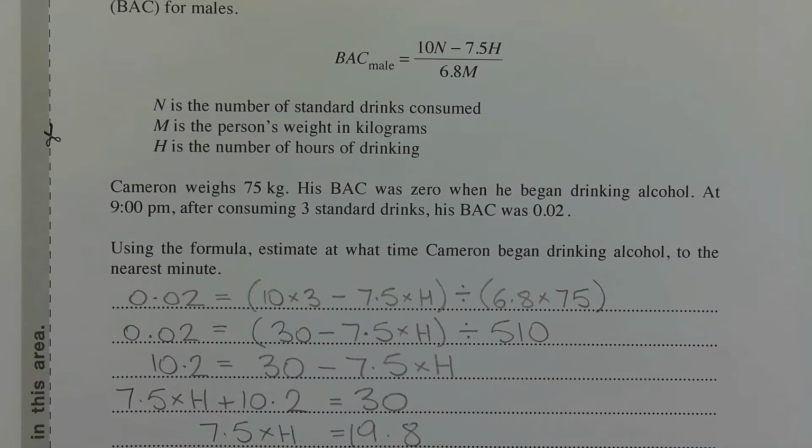Now we can start the process of reversing or rearranging this formula to make h the subject. So multiplying both sides of the equation by 510, since multiplication is the opposite of division, we get 10.2 is equal to 30 minus 7.5 times h.